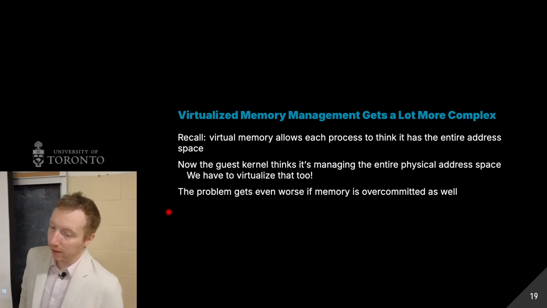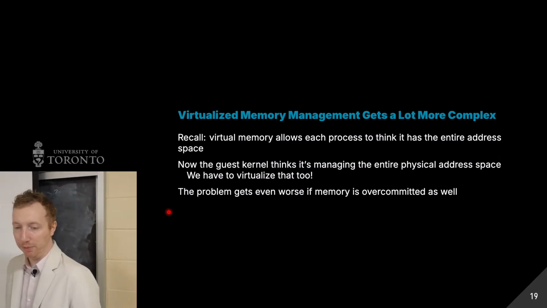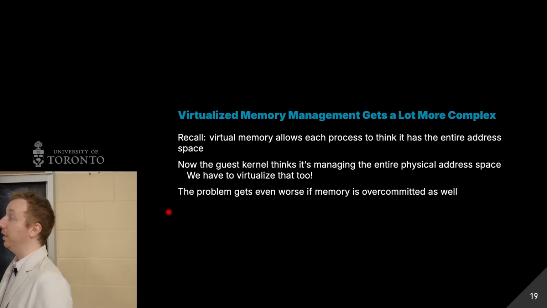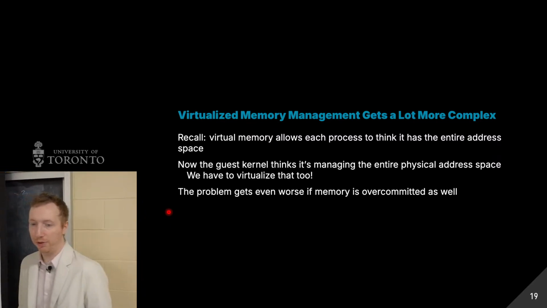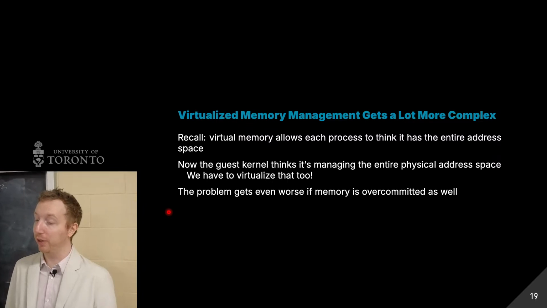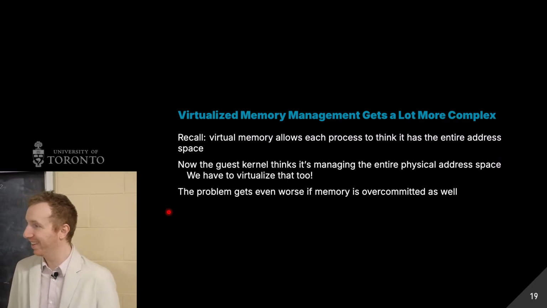So the only thing that gets more complicated is virtualized memory management. So our favorite topic, virtual memory. It allows each process to think it has the entire address space. Well, now the guest kernel thinks it's managing the entire physical address space, but that's virtualized. Right?